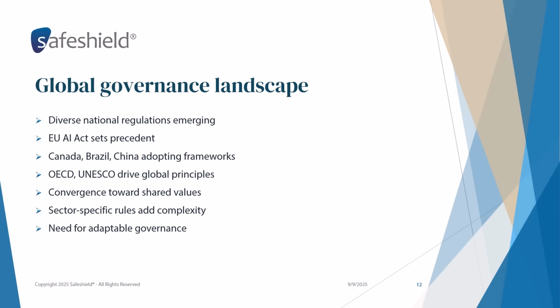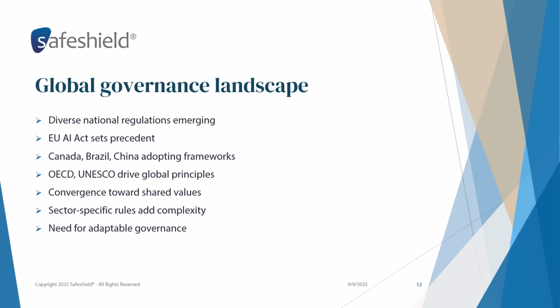The global landscape of AI governance is evolving quickly, shaped by governments, international organizations, and industry bodies. This landscape is both diverse and convergent. Different regions are developing unique approaches. The European Union with the AI Act, Canada with the Artificial Intelligence and Data Act, Brazil with PL 2338/2023, and China with rules on generative AI and algorithmic transparency.